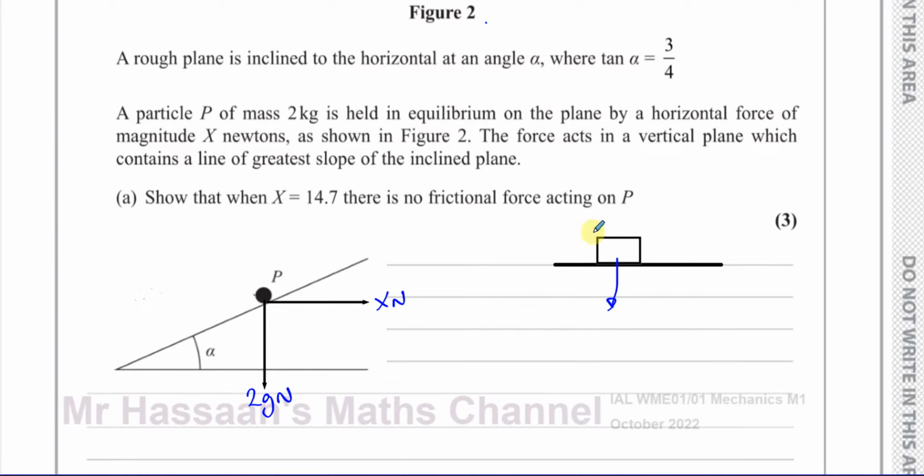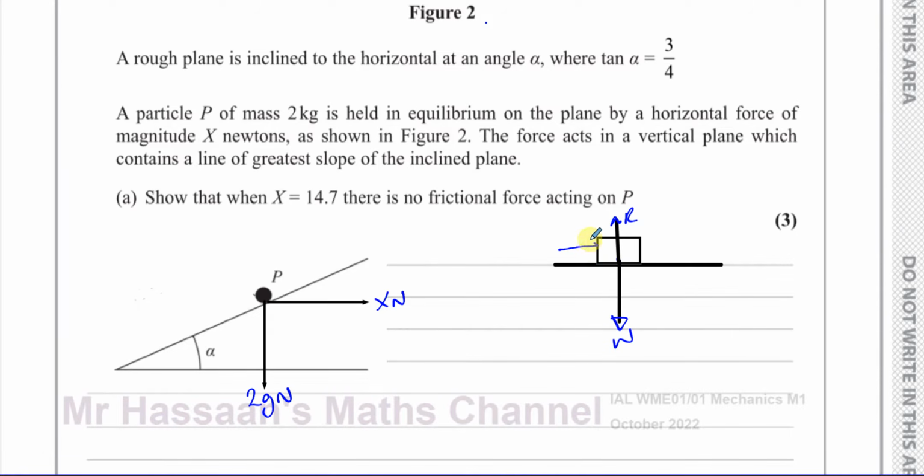There will be no frictional force because the resultant force acting on it is 0. Before you even consider any friction, there's no force acting on it. You have the weight and the reaction force acting directly upwards, but you don't have any force acting in this direction, so there's no friction.